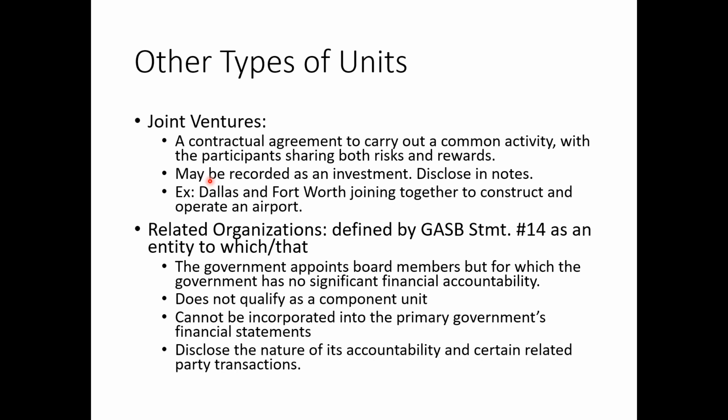Joint ventures could be between two primary governments, or between the government and a corporation. For example, Dallas and Fort Worth joining together to construct and operate an airport. This airport will be a joint venture between these two primary governments. And joint ventures may be recorded as an investment and disclosed in notes.